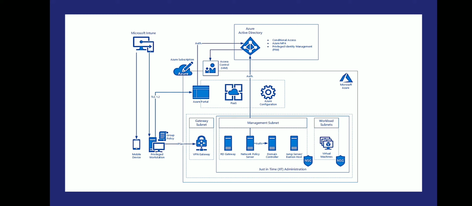Now, for Azure configuration and Azure portal access, there are different steps like privileged workstation sign in, Azure portal sign in, Azure MFA, conditional access, privileged identity management, identity and access management. So let me explain one of these.